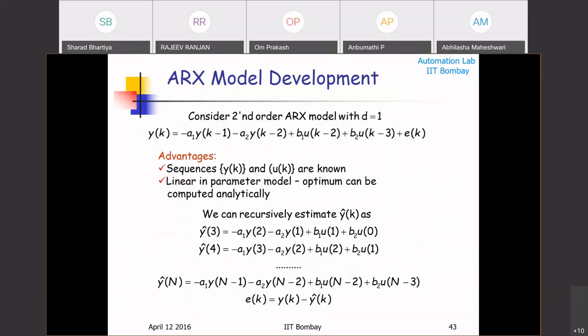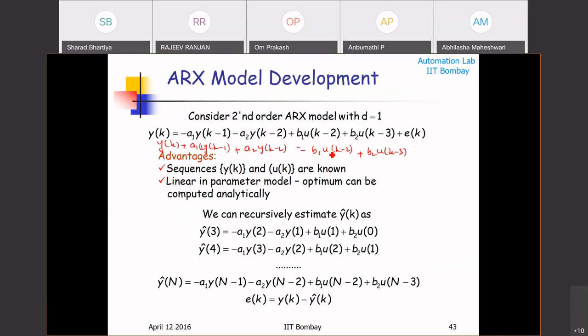So as I said, you have this ARX model, and let's look at an ARX model. It'll be y of k plus a1 times y of k minus 1 plus a2 times y of k minus 2 is equal to b1 u of k minus 2 plus b2 u of k minus 3, plus e of k.